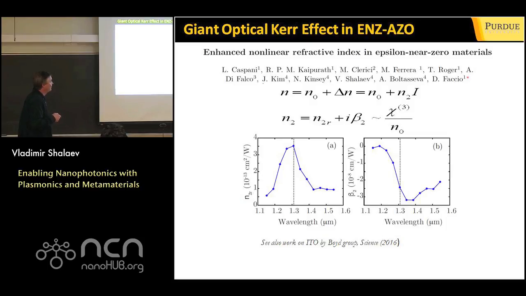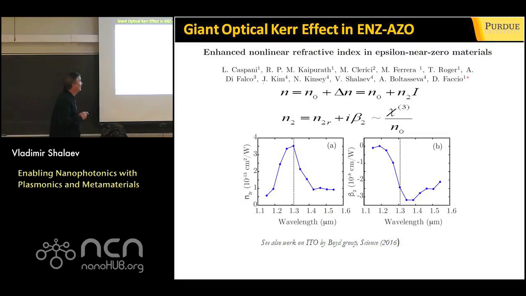I pointed out that the refractive index is linear, plus the so-called Kerr effect, which is proportional to intensity. n2, it turns out, has the linear refractive index in the denominator. If it's a degenerate scheme, if just one frequency is incident, actually it's the linear refractive index squared. If you use a pump and a signal, then it would be the refractive index of your signal in the first power. But otherwise, if it were degenerate, you would have even the square here.